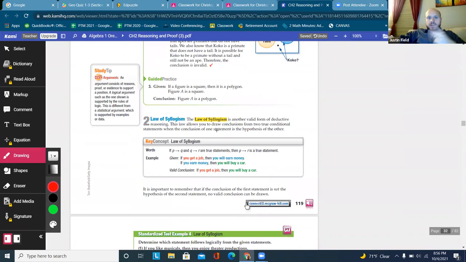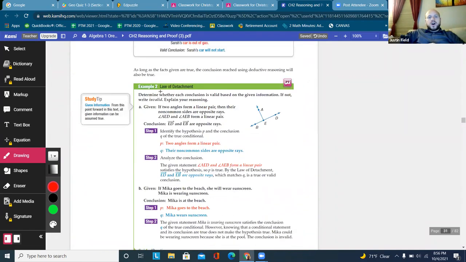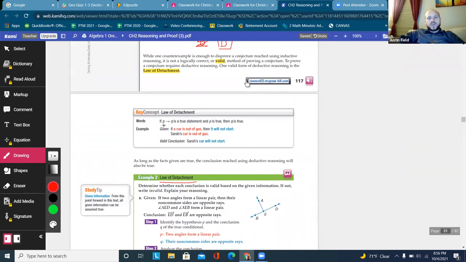Now let's go to example 2. Okay. Example 2, the law of detachment. So the law of detachment is right here. And so remember, with a conditional statement, we have 2 parts, the hypothesis and the conclusion.